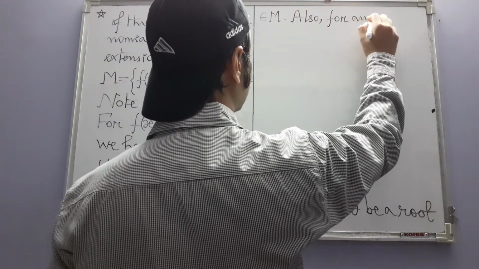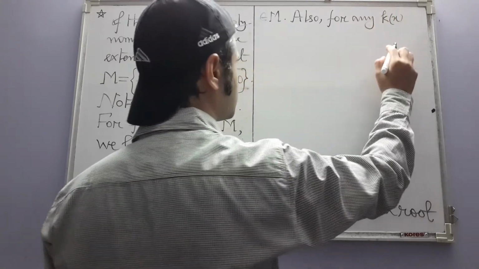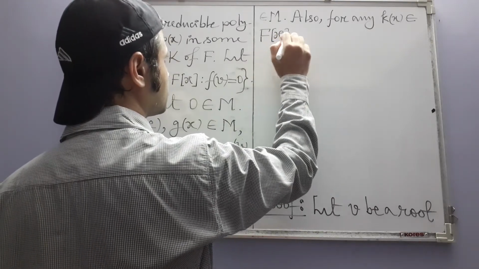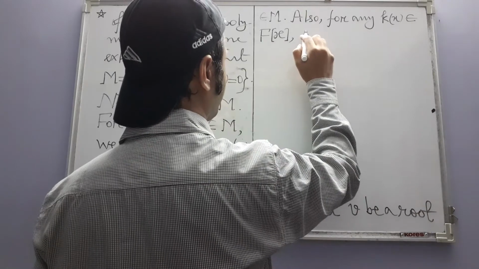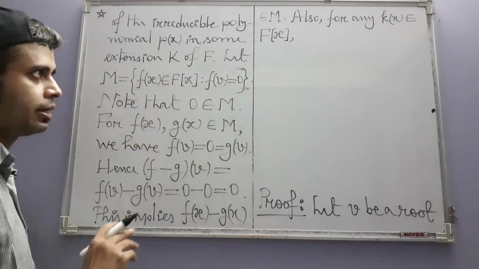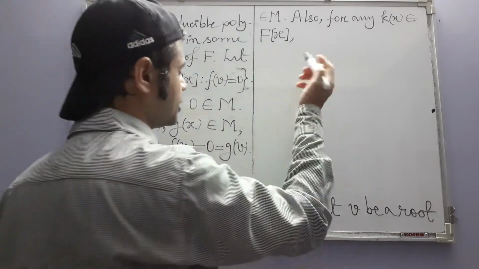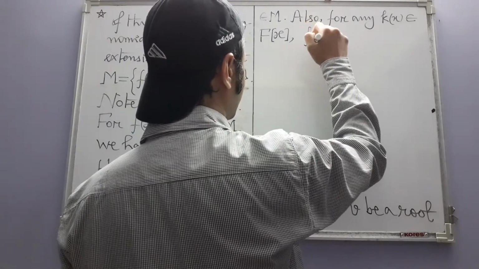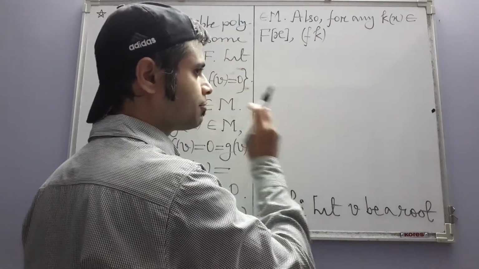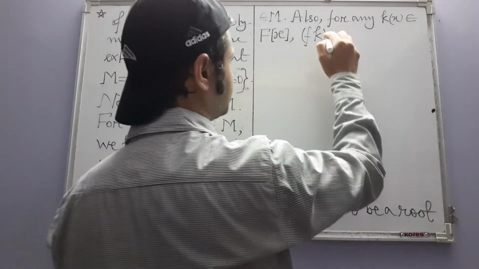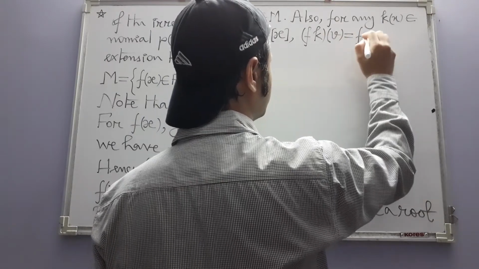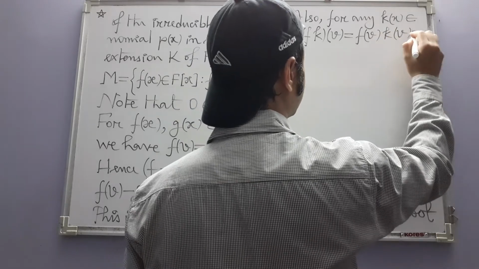Also, for any polynomial k(x) in F[x], next I have to show that the product of, say, f(x) and k(x) again belongs to M. That is also easy. (fk)(x), just like this one, I am writing fk, which is just the usual product of f(x) and k(x) in the polynomial ring F[x], evaluated at v is, of course, f(v) times k(v).